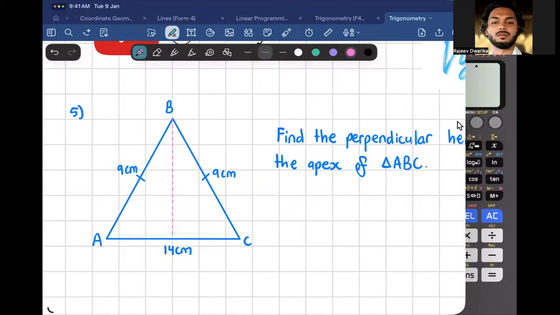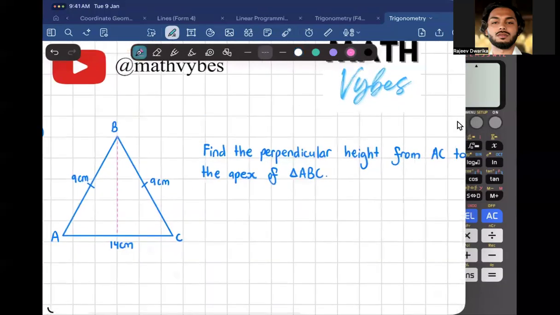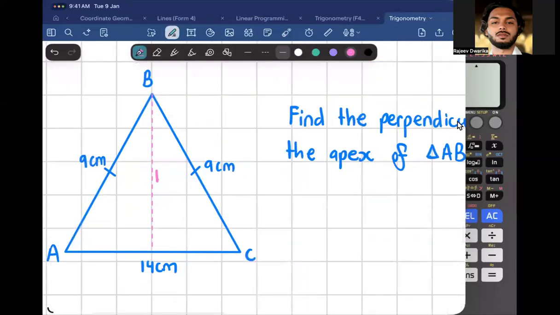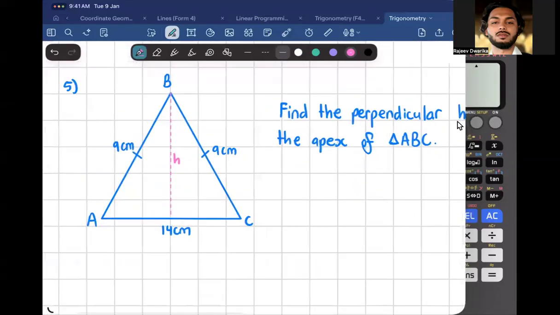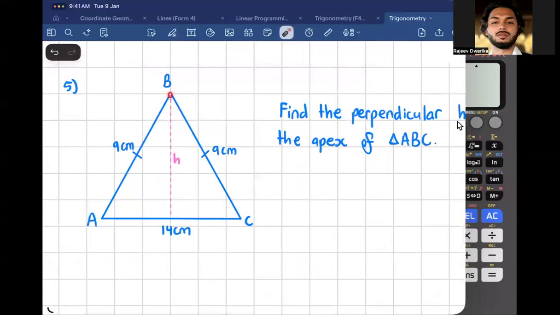Right. So are you with me? Yeah. So we're gonna label this thing H for height. Makes sense. Right? Now, by me cutting the triangle in half, what kind of triangle did I make? Carissa, could you tell me?